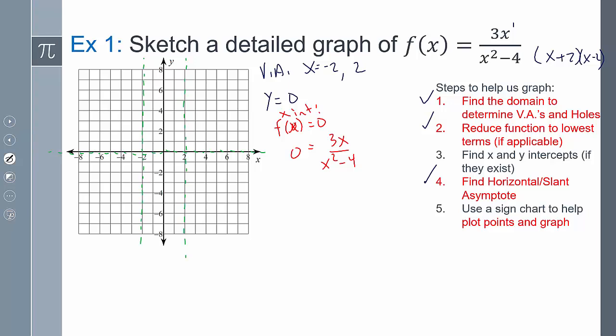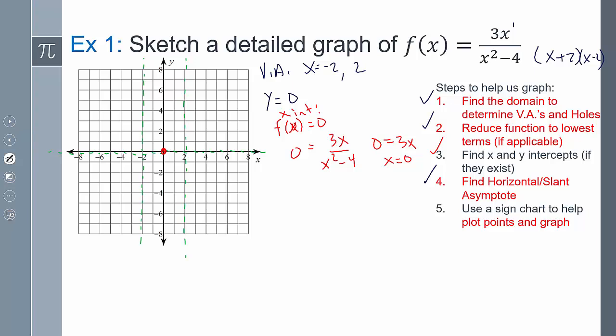Well, if I multiply both sides by x squared minus 4, it's just 0. Divide by 3, you get x equals 0. So I know I have an x-intercept here, which also means I probably have a y-intercept there. If I plug in 0 for x, 0 equals 0. So there we go, I have my x and y intercepts.